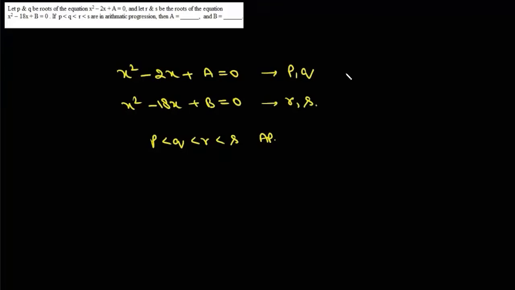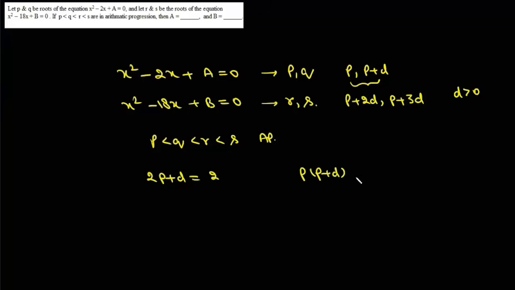Now suppose the roots are P, P plus D, P plus 2D, and P plus 3D, where D is greater than 0, as it is an increasing AP. Now for this first equation, we can write the sum of roots, 2p plus d, it is equal to 2, and the product of roots, p into (p plus d), will be equal to a.